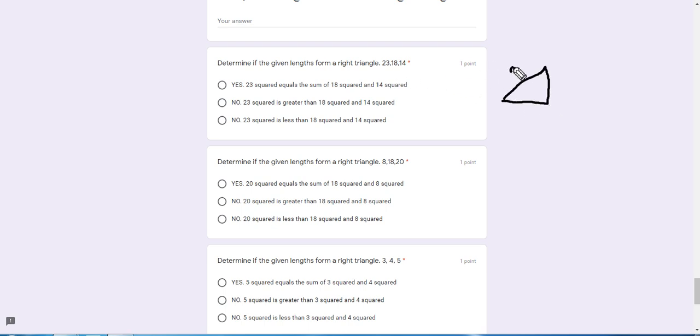My 23 is my largest side, so it has to be my hypotenuse. This would be 18, this would be 14, and you need to use a squared plus b squared equals c squared. You're going to plug it in. I know c squared. That's my hypotenuse, which is 23 squared. And then we have our legs, 14 squared plus 18 squared.